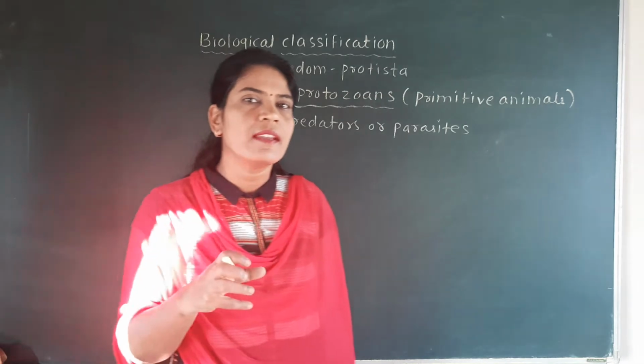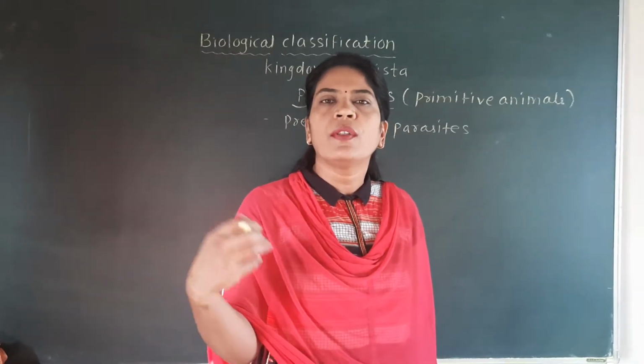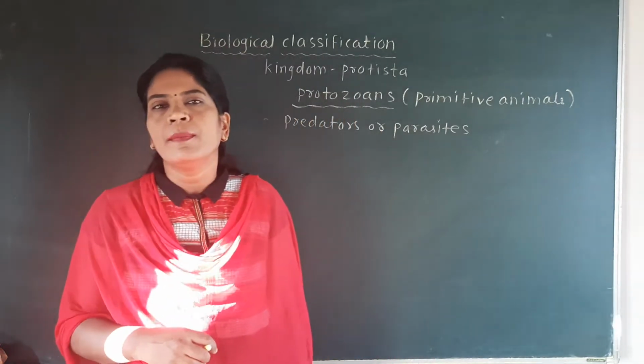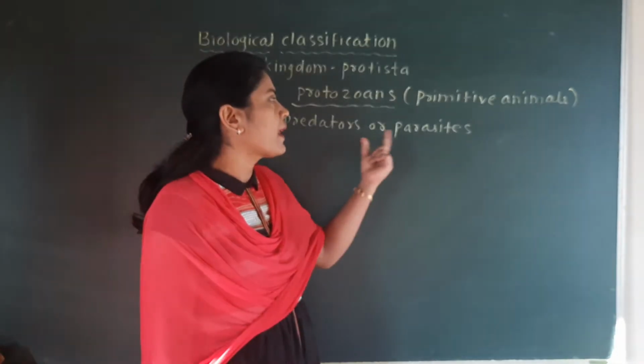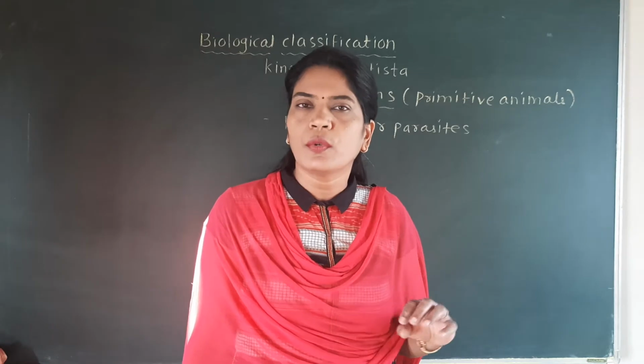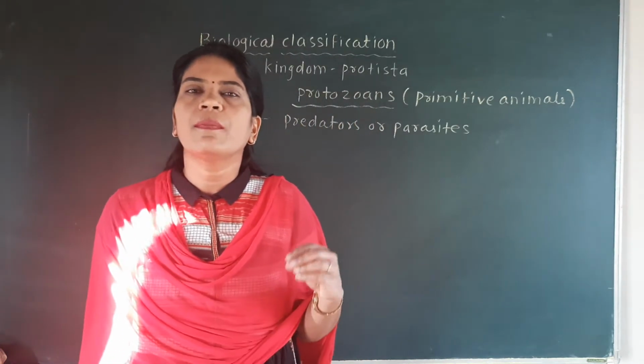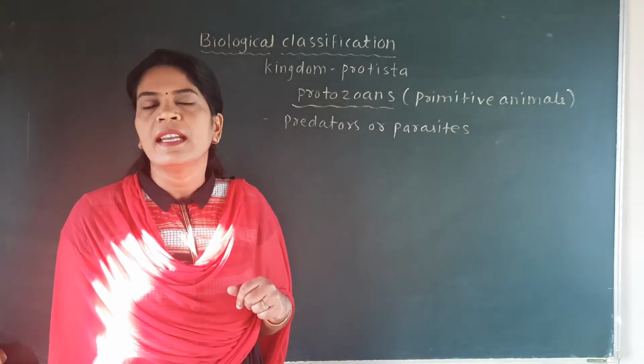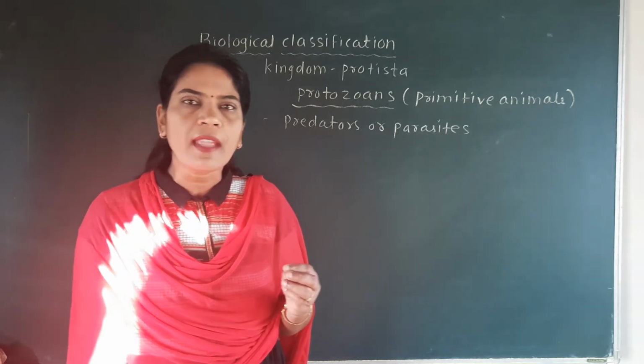A predator is an organism which always feeds on prey. So predator or parasite is the mode of nature in these protozoans, and they are called primitive animals because their behavior is like that of animals.